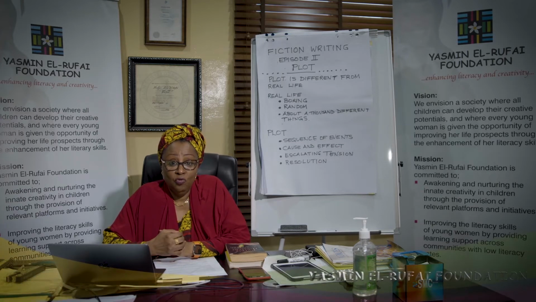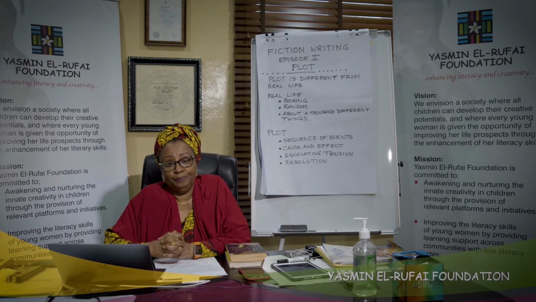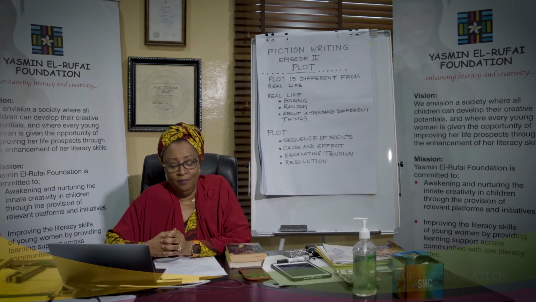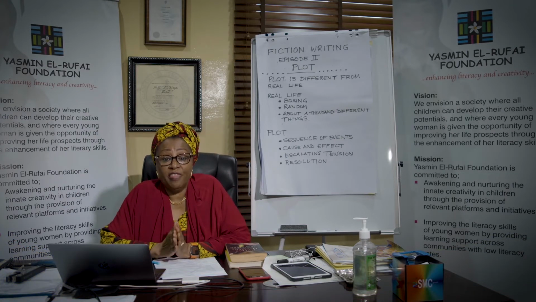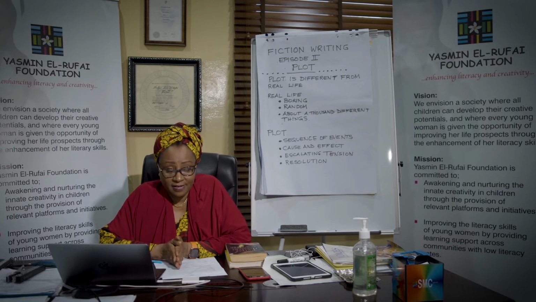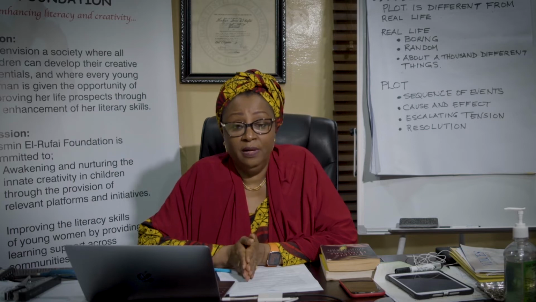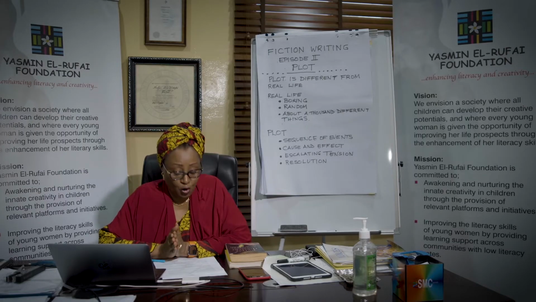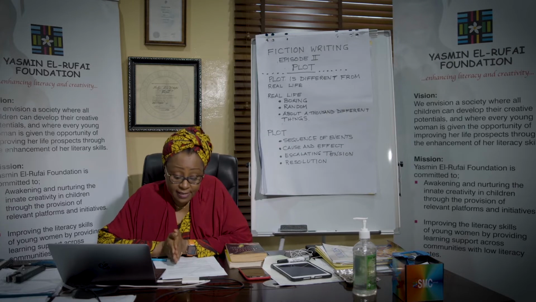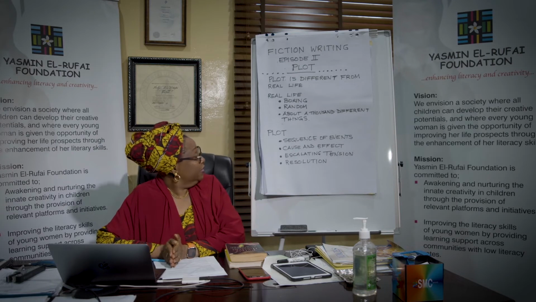There's no sequence, things happen at random, and there is no cause and effect. It's also about a thousand different things. But when you're writing a story, when you want to plot a story, you have to make it interesting. There has to be cause and effect. You shouldn't include boring day-to-day activities. That's what separates plot from real life.